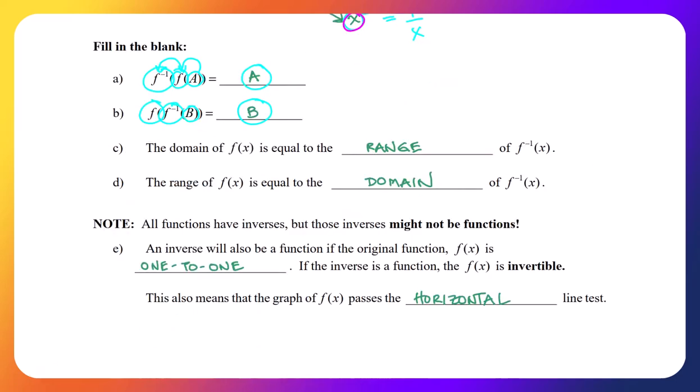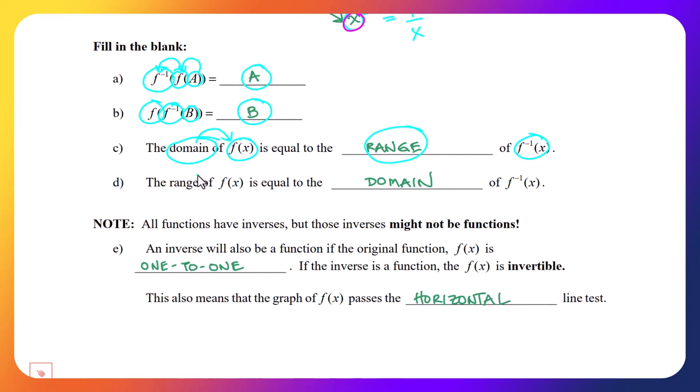So I hope you understand that if we talk about the domain of a function, x goes to y. And if we talk about the inverse function, that was where y goes to x, the domain or starting point of the function is the same as the range of the inverse function.